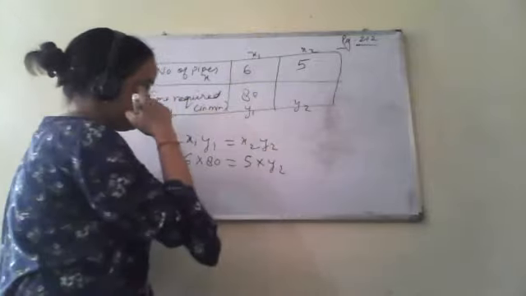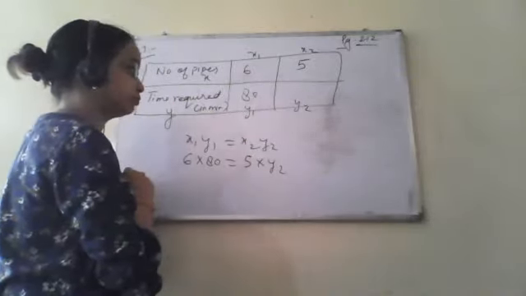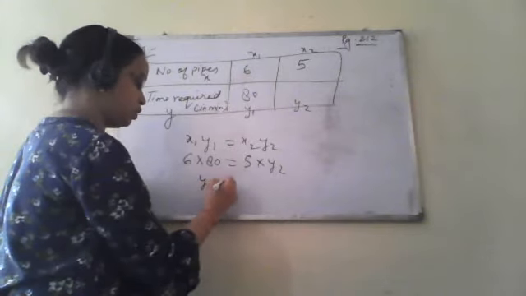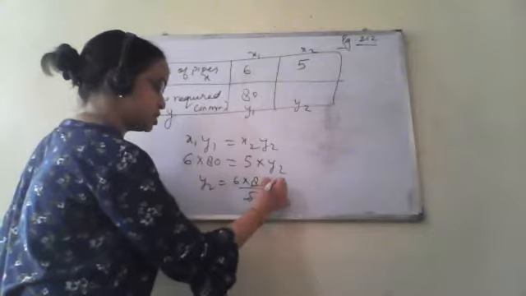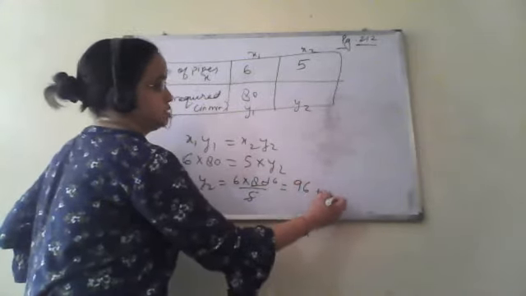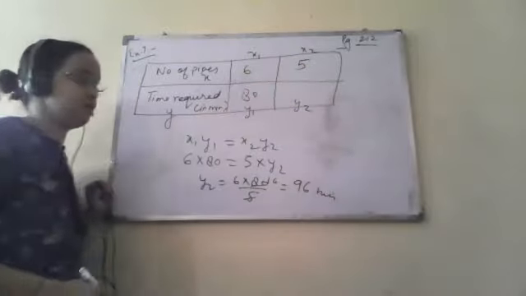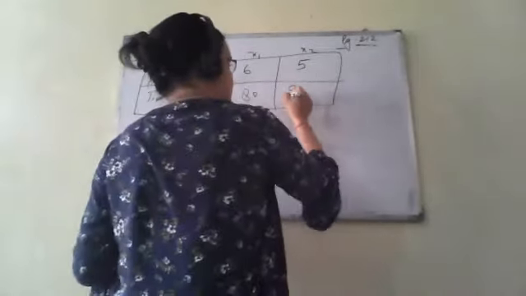This y2 we have to calculate. So y2 will be equal to 6 into 80 upon 5. This is 16, and 6 into 16 is 96 minutes. If the number of pipes is 5, it will take 96 minutes to fill the tank. Clear?